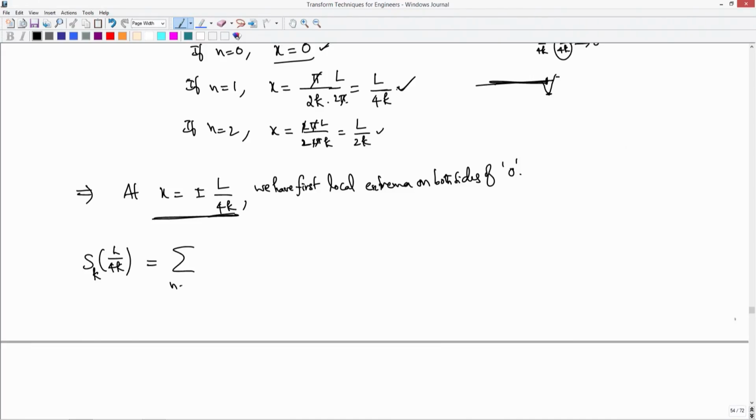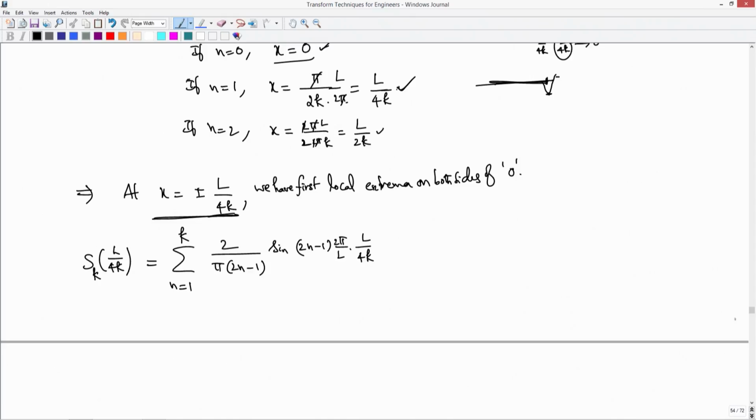So, this is a sum running from n is from 1 to k, 2 divided by pi times 2n minus 1, and sine of 2n minus 1 into omega naught x, where omega naught is 2 pi by L, and x is now L by 4k.